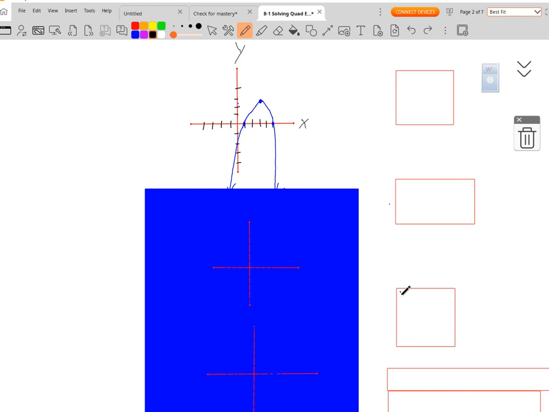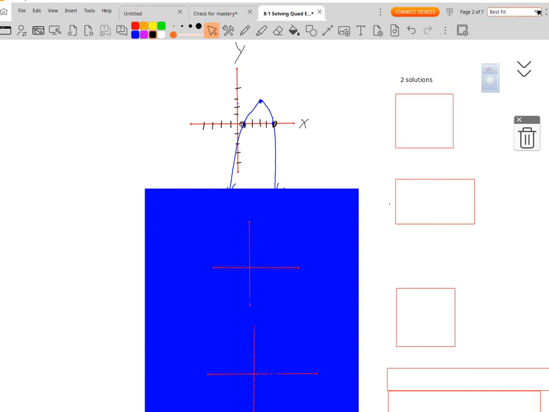So one of the ways you can find the solution of a quadratic equation, if they give you the graph, is to pick it out from there, if you can read the ordered pair. So here, this is the x-axis, this is the y-axis. The solution to this quadratic equation is the point where the parabola crosses the x-axis.